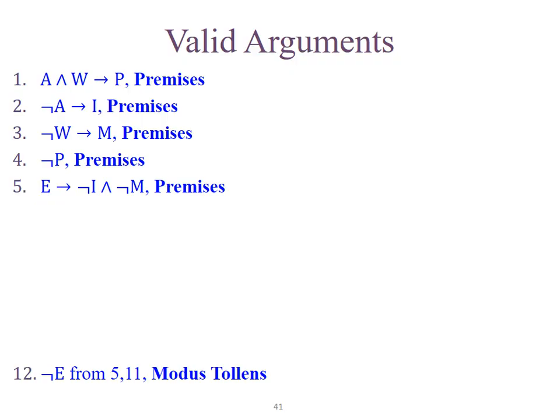Okay, so this one we used before. So how about premises 1, 2, 3, 4? Which one will you start with to apply rules of inference? If you watch it, you will see we have not P here.